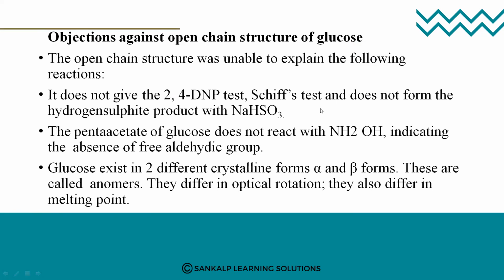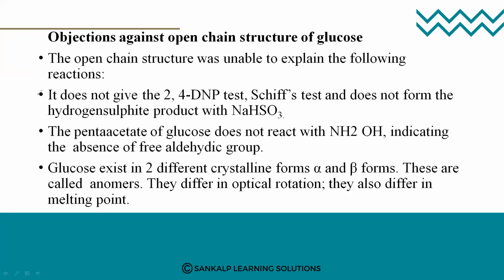What are the objections? The open chain structure was unable to explain the following reactions. There were some reactions which could not be explained by the open chain structure of glucose.